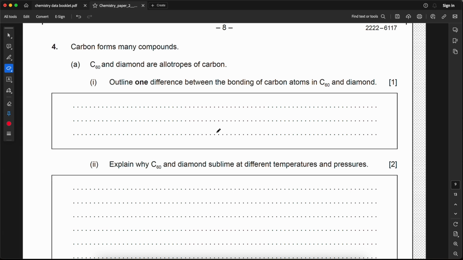Carbon forms many compounds. C60 and diamond are allotropes of carbon. Outline one difference between the bonding of carbon atoms in C60 and diamond.